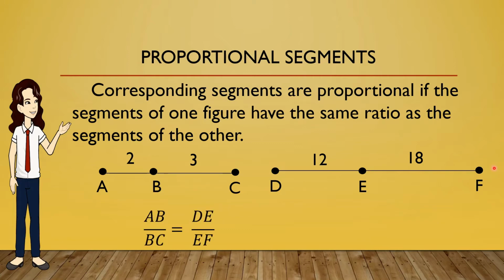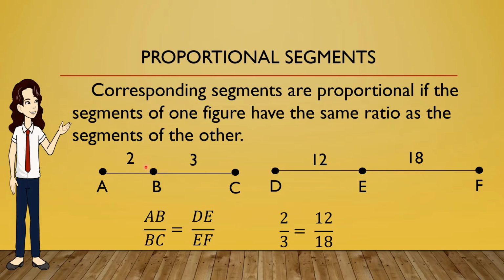So how do we know that they are proportional? We will get the segment AB over segment BC is equal to segment DE over segment EF. Then let us substitute the value, the measure of the length of the segment.